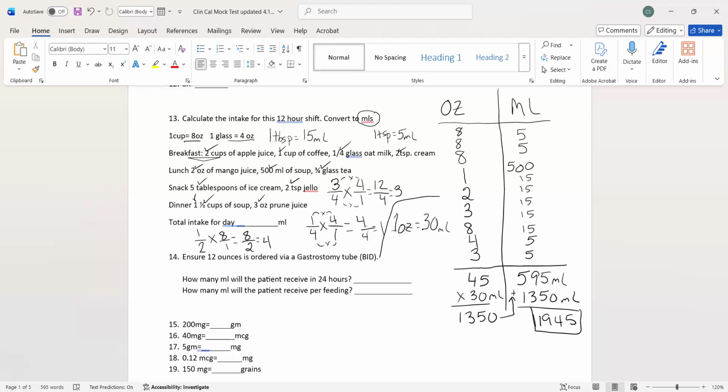So this is what I recommend whenever y'all do any calculations on exams that have the I&O stuff on it, the intake or the output: do it twice. You're going to work this problem out. If it's a paper exam, I would just do the whole exam and then redo it.